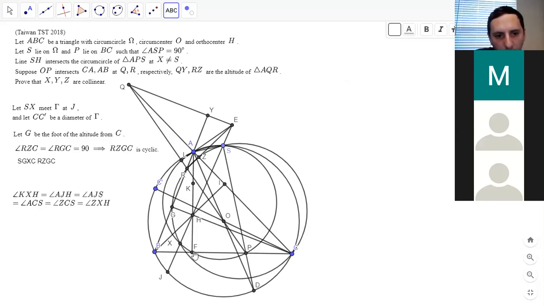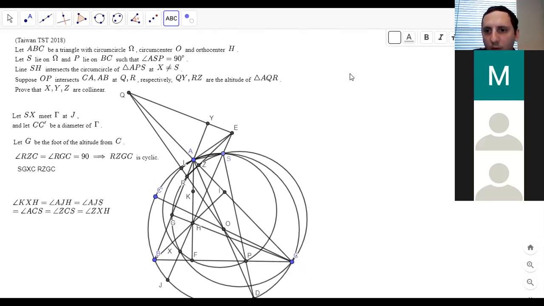And then, yes, basically, I'll say let CG meet the circle at a point. I don't know. I'm just trying to.